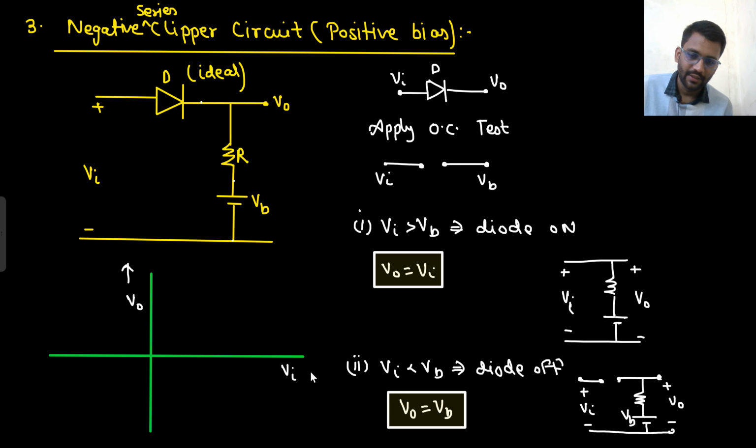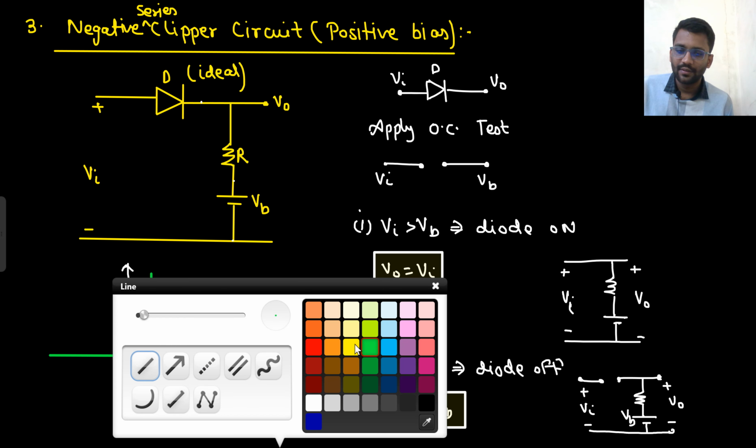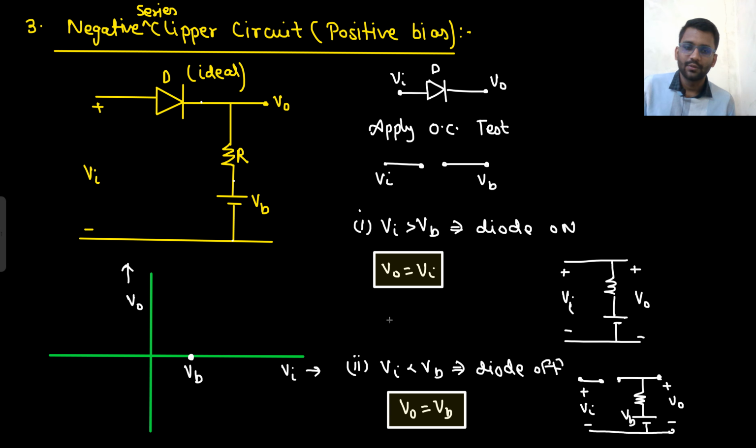So we are drawing the voltage transfer characteristics. So what is the point where everything is happening? That point is VB. Transition point is VB. This is our transition point. Okay. So for V in less than VB, your output is VB volt. VB can be anything, it might be 2, 3, anything.